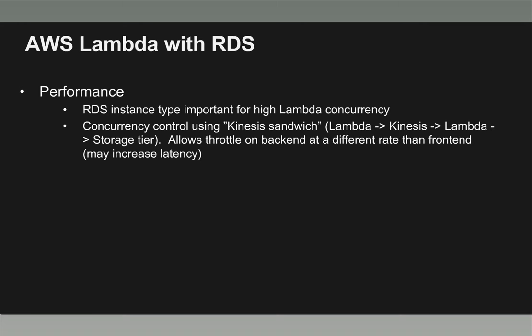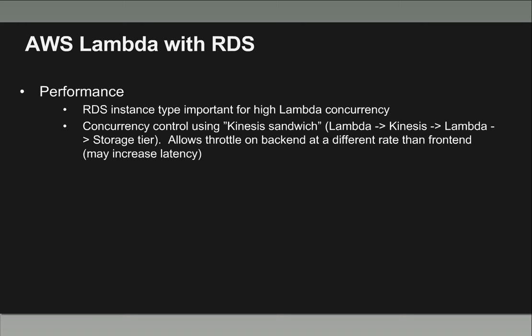Alternatively, if you have a smaller instance type and high concurrency rates from the Lambda, you can use what we call a Kinesis sandwich, where you put a Kinesis stream after your Lambda function, and then that Kinesis stream will buffer your Lambda concurrent requests, which are then put onto another Lambda function, and finally it ends up at your backend database tier.